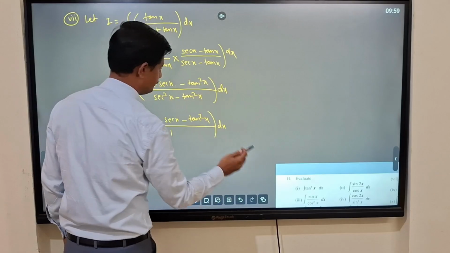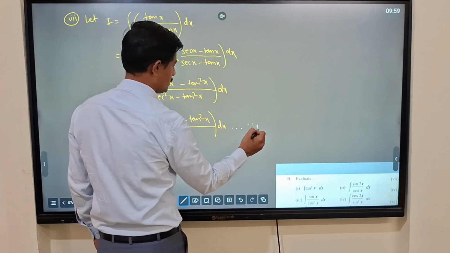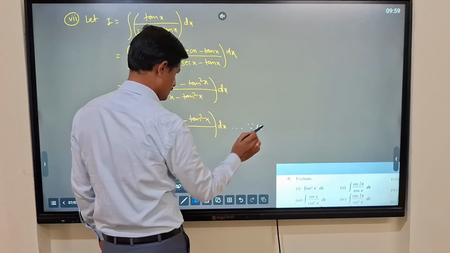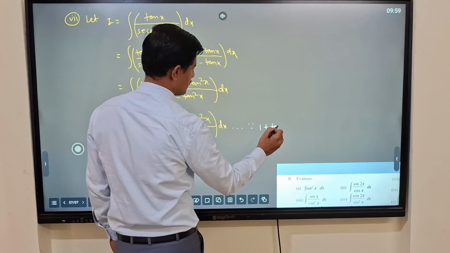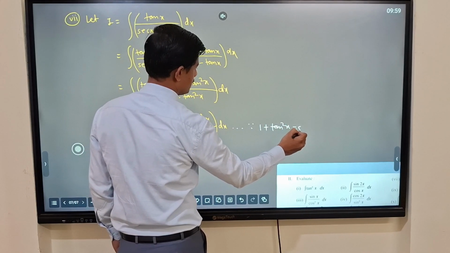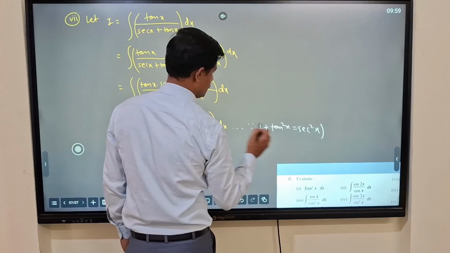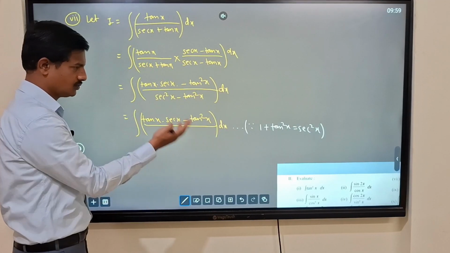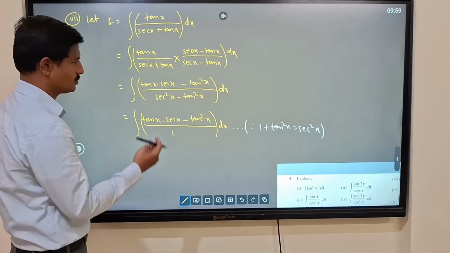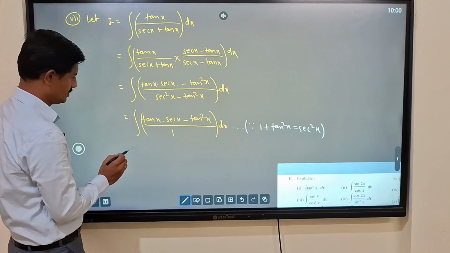Why does this become 1? Because 1 plus tan square x is equal to sec square x. When tan square x shifts to that side, the plus becomes minus, and so sec square x minus tan square x is 1.